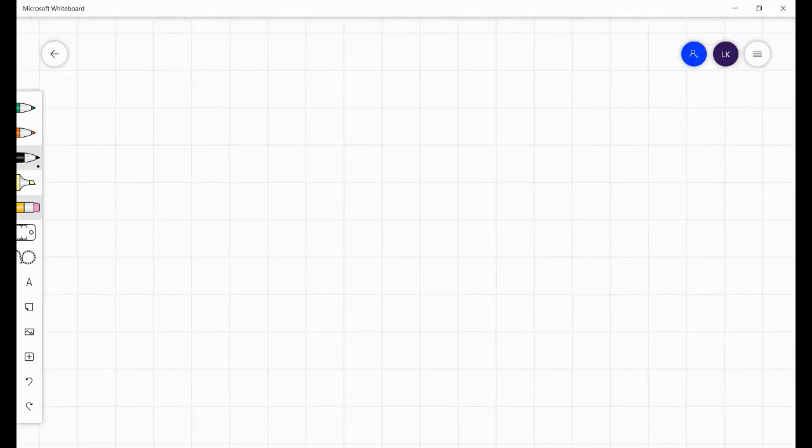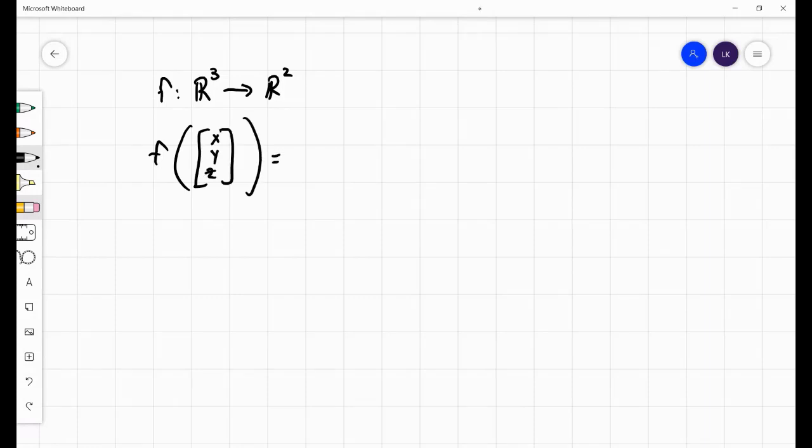So I guess we can do this example where f is going to be a function from R3 into R2, defined by x squared y plus z and x squared plus y squared z cubed.